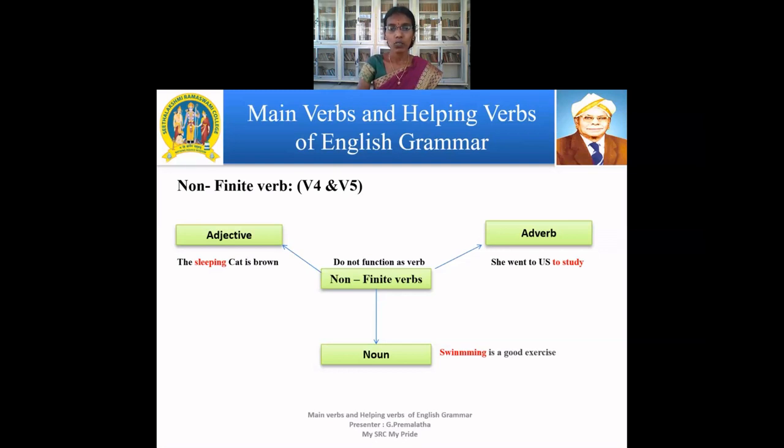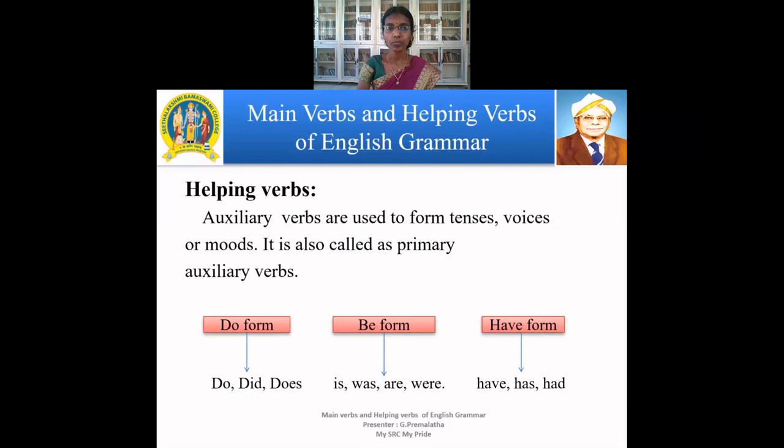We can say that swimming is used as a gerund. The ing form of main verbs is called a gerund. Here swimming is used as a noun. So generally V4 and V5 verbs are called non-finite verbs.